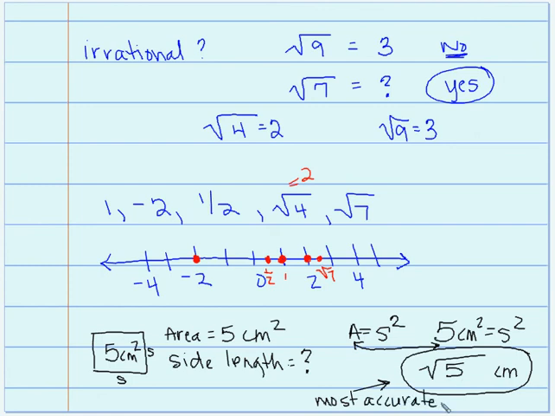Square root of 5 is a definite length. We can measure that, but we can't get an accurate decimal, because that decimal is going to go on and on forever. So unless you're asked to round to the nearest hundredth or something like that, leave it as the irrational number square root of 5 in radical form.